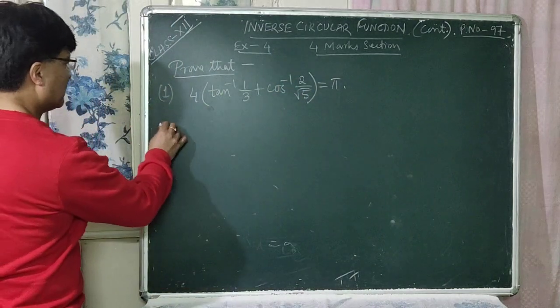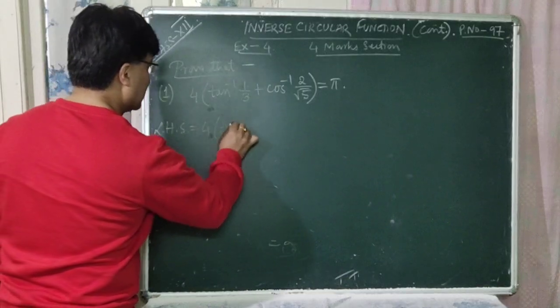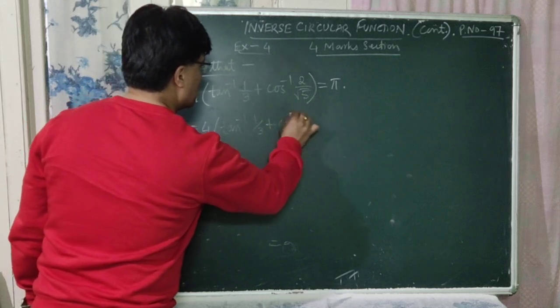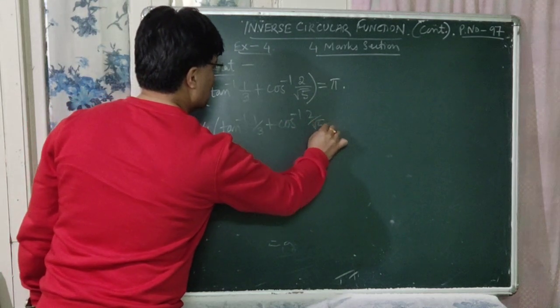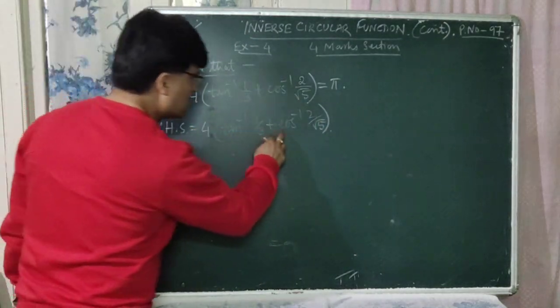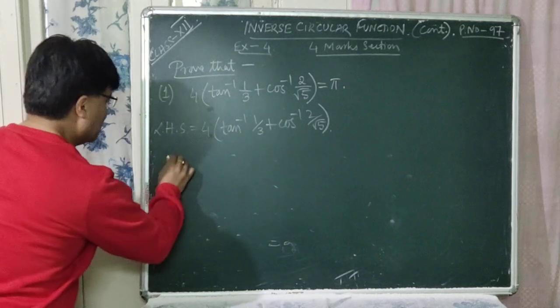Let us write down the left hand side. LHS is equal to 4 within bracket tan inverse 1 upon 3 plus cos inverse 2 by root 5, right? Let's convert this cos inverse 2 by root 5 into tan inverse. What is the method here?